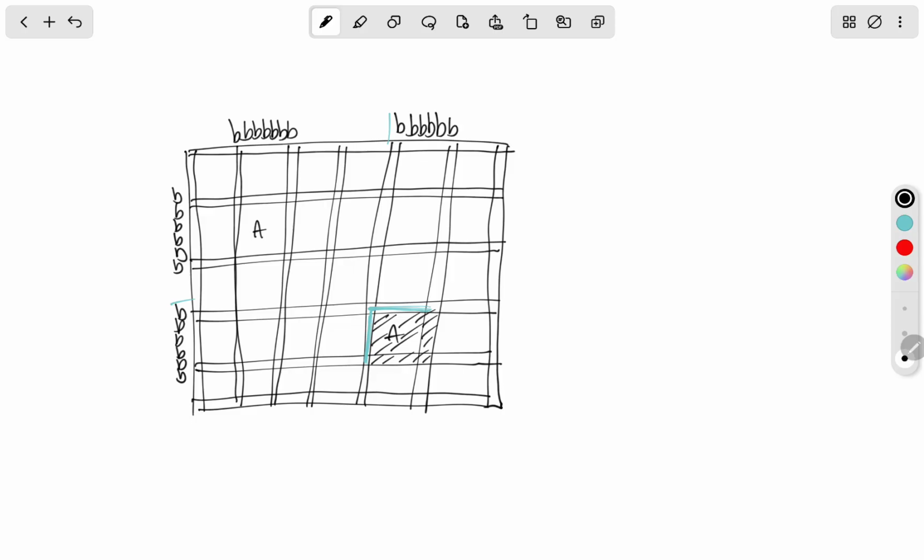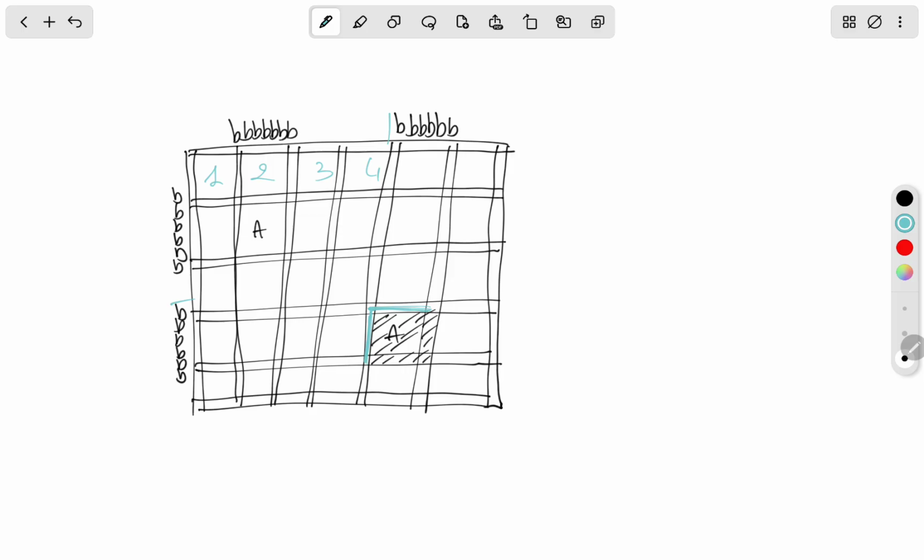So each submatrix, the idea is that I go submatrix by submatrix. First is 1, then this, then 3, and 4, and so on.